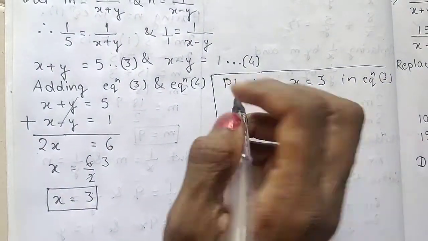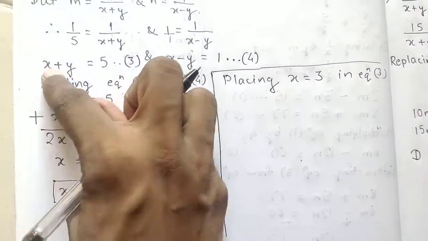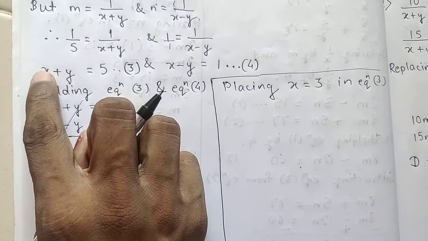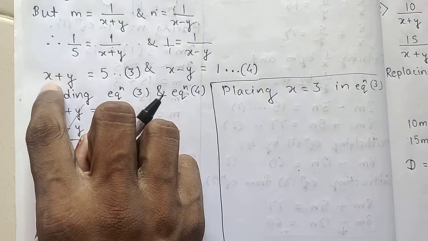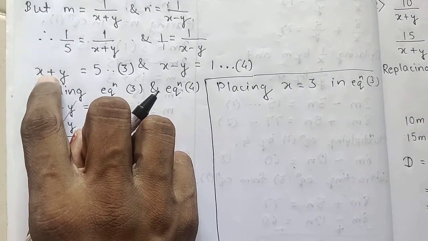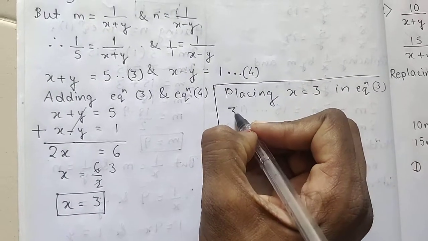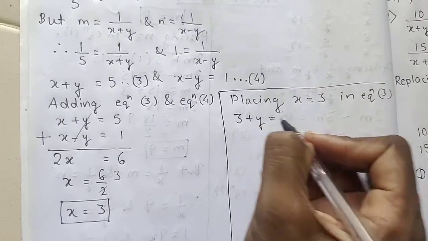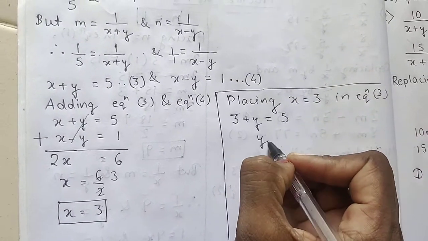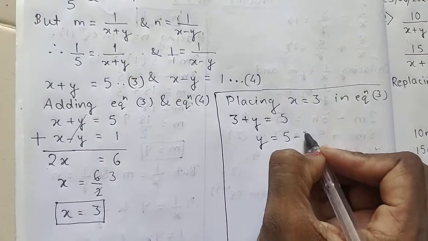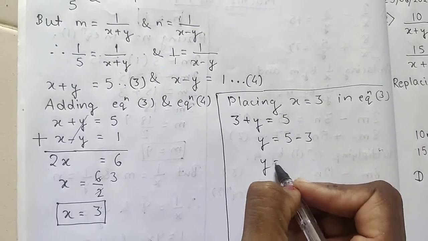Okay, so let us place the value of x 3. So what you are getting? 3 plus y, because in place of x you are going to write 3. So 3 plus y equal to 5. So y equal to 5 minus 3, that is 2.